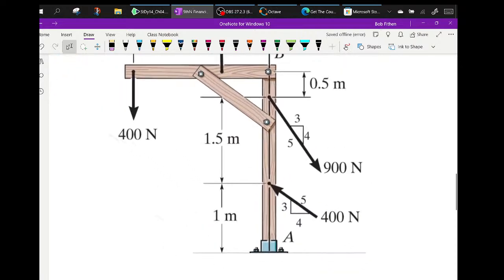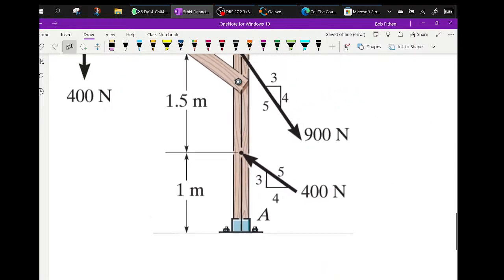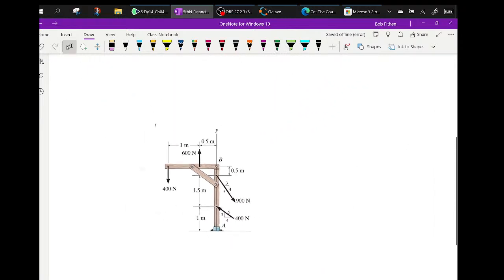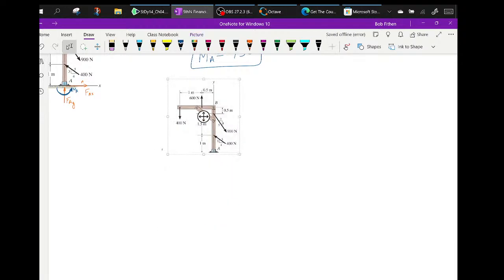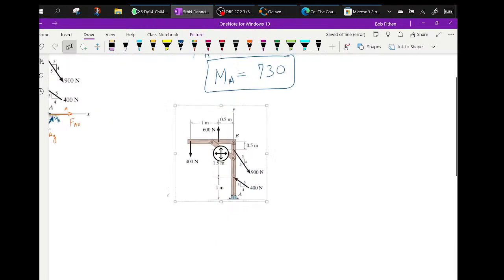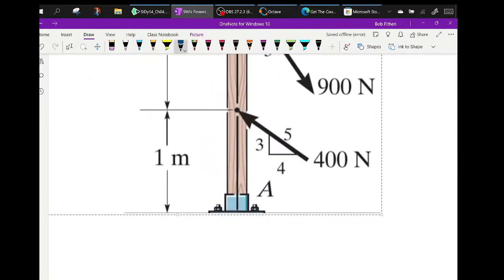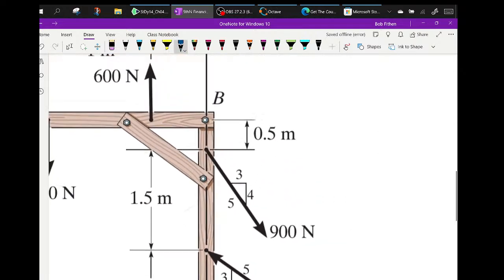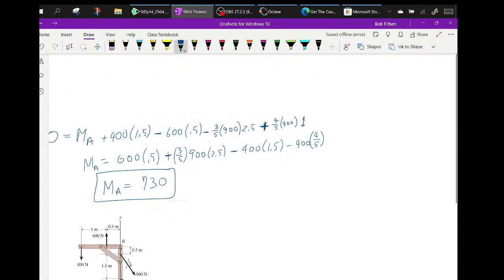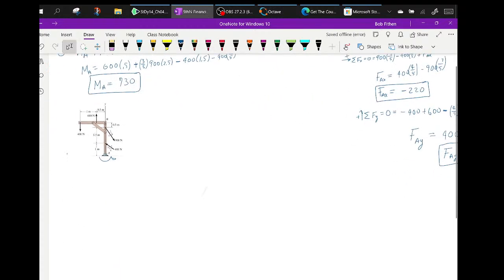I was trying to get rid of it, but the ground is gone. And now, in replacement for that ground being gone, I've got a moment of 730. I've got a force minus 220.